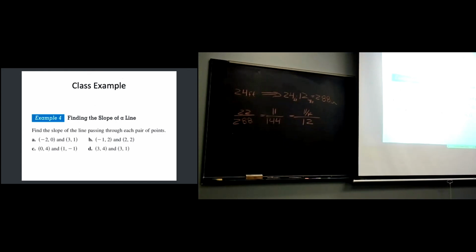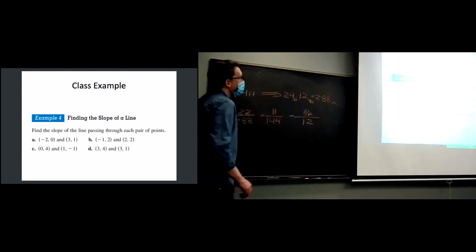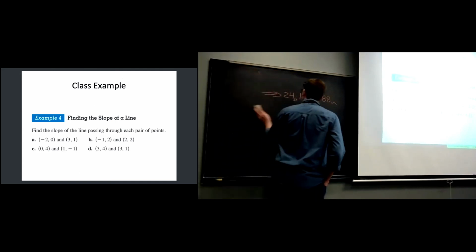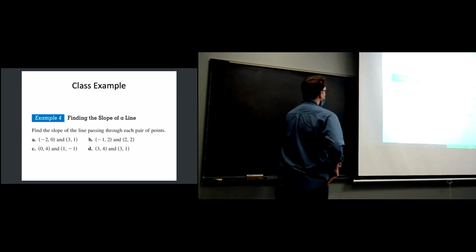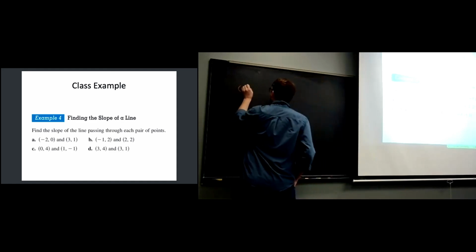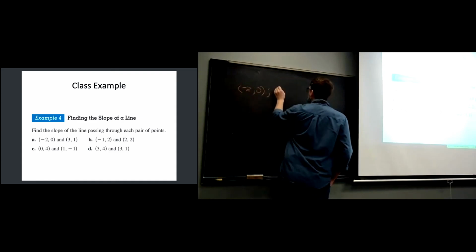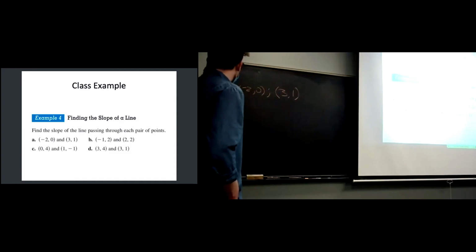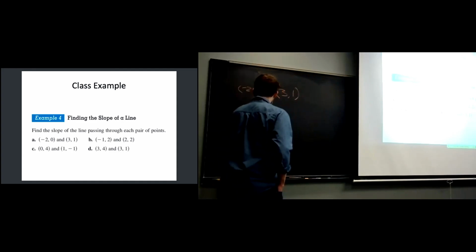So if we wanted, we could go through and find the slope of the line that passes through each of these points. Checking this out really quick, we've got the point -2, 0, and the point 3, 1. We want delta y over delta x.